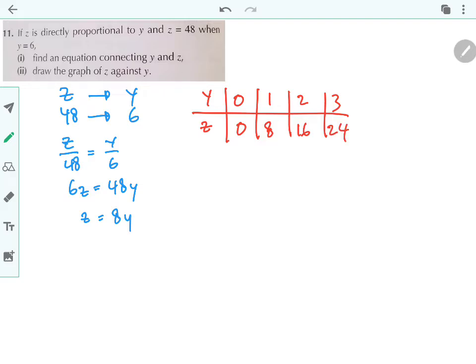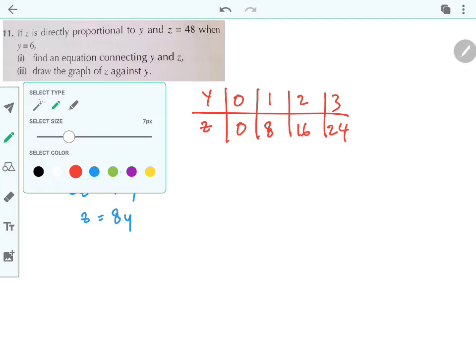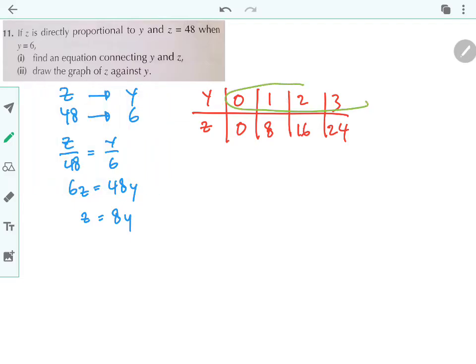As you can see here, I'm using 0, 1, 2, 3 because I think it's the easiest number to be multiplied with. Okay, so you can use any number, but my suggestion is just use a smaller whole number.